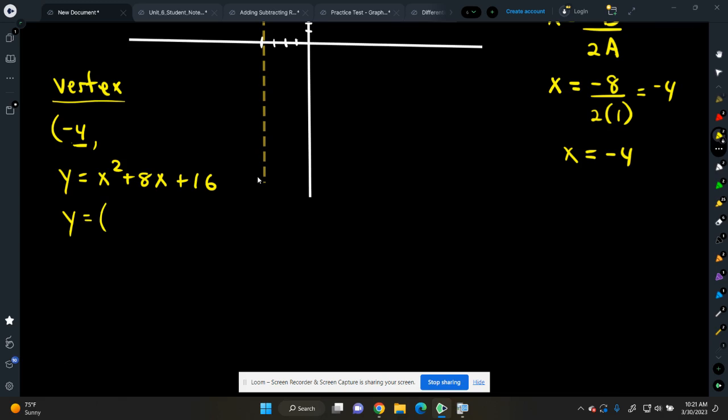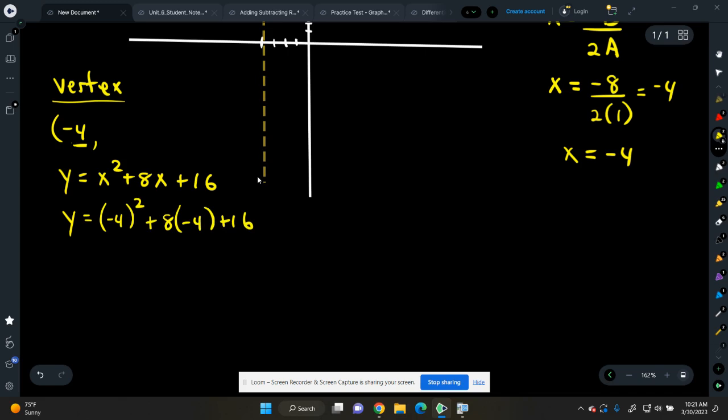We've got our x, we want to find y. So it's -4 squared plus 8 times -4 plus 16. Once we get the axis of symmetry, that's the x value. To find the y value, I plug it in.